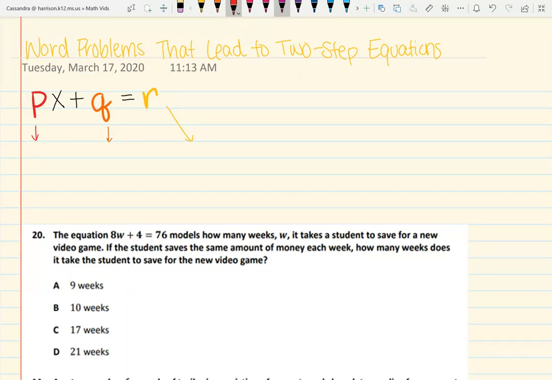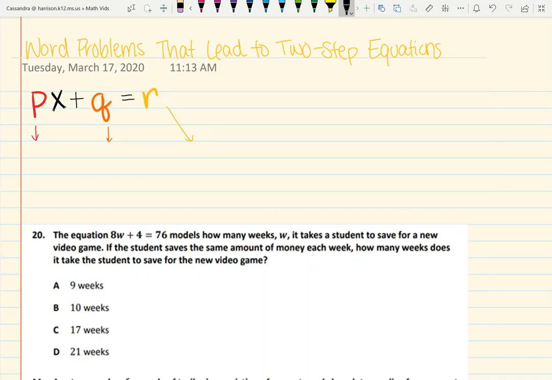So the first thing that's important to recognize is right here where we have our variable x. This variable x is going to be an amount of something that you do not know. It could be an amount of hours. It could be an amount of items you purchase. It could be anything really.